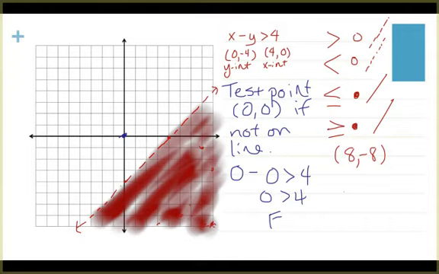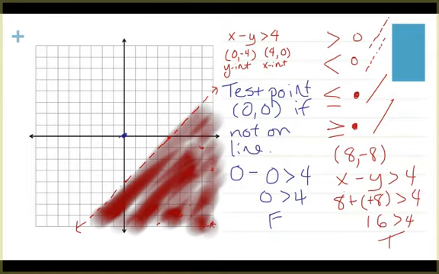And so I would have x minus y is greater than 4. So that would be 8 minus negative 8 is greater than 4, which is 16 is greater than 4. That's true. So that means I definitely want to shade the half plane that includes 8, negative 8. So I shaded correctly. So I would recommend you use that test point method.